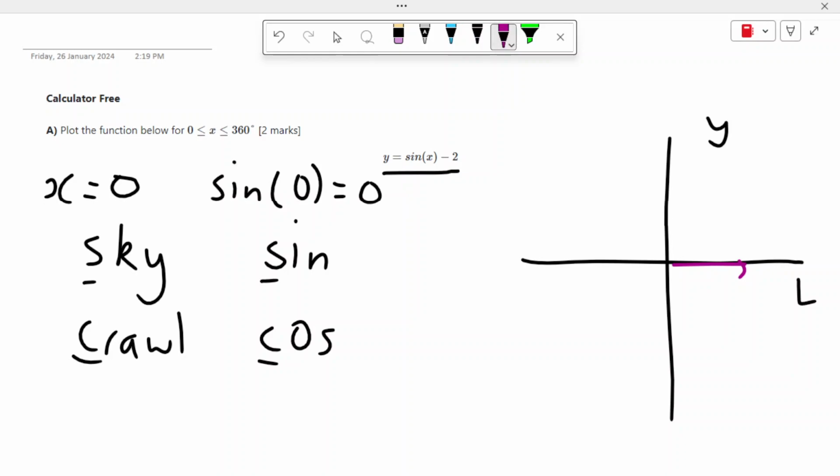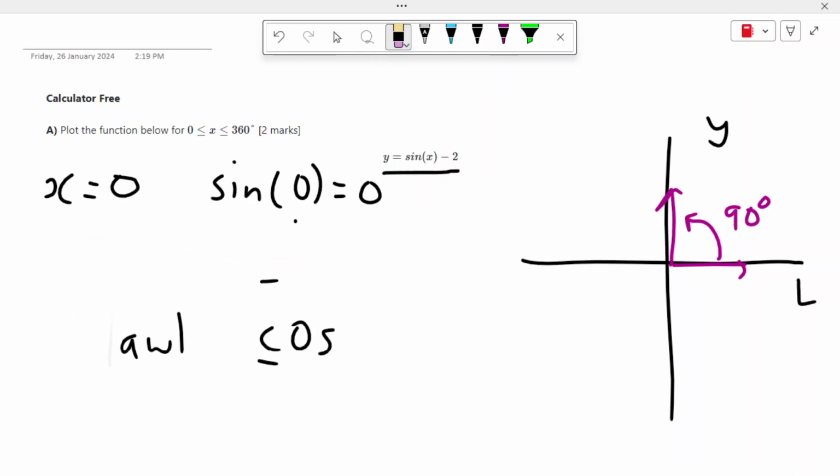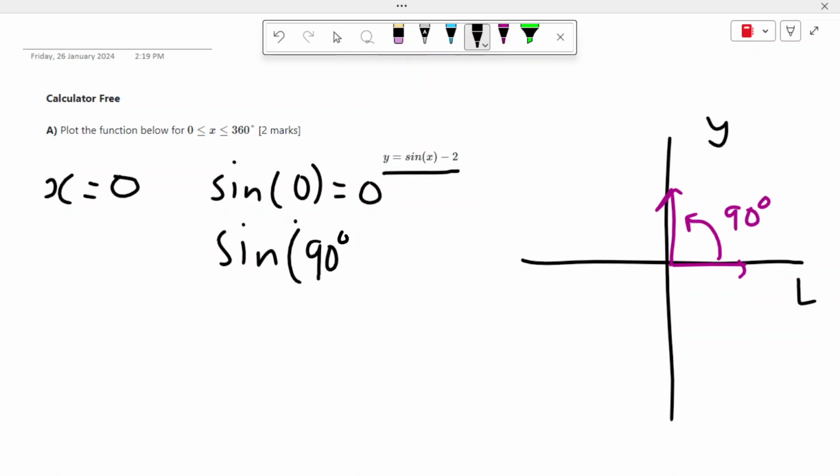But now when we go to 90 degrees, this is the other key thing. It's 90 degrees to there. That's where we can say we're a unit circle, right? We're a unit circle. And so the value of sine of 90 degrees is going to be equal to 1. And then we go 180 degrees down to here.